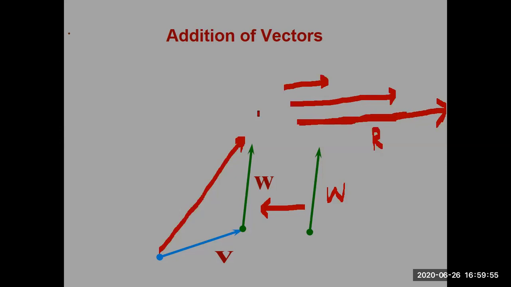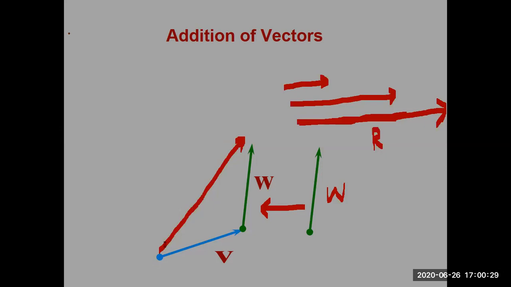And if the vectors do not have the same direction, like in this case, then how will you add? The vectors which have the same direction are called collinear vectors. And the vectors which have different directions are added by using a rule that is called the head and tail rule. In this graphical method for vector addition, the head of the first vector is joined with the tail of the second, and the tail of the third is joined with the head of the second, and so on.